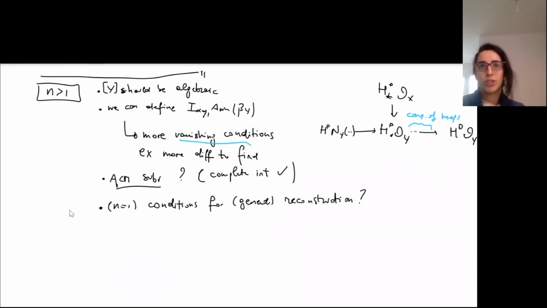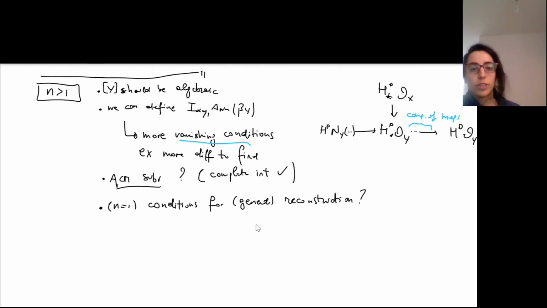Condition for reconstruction, as I said before, we have it, the two vanishings, or here the more vanishings. But for general reconstruction, also for curves, we don't know if ACM is the biggest class of curves that can be reconstructed in the general meaning, the perfection meaning.